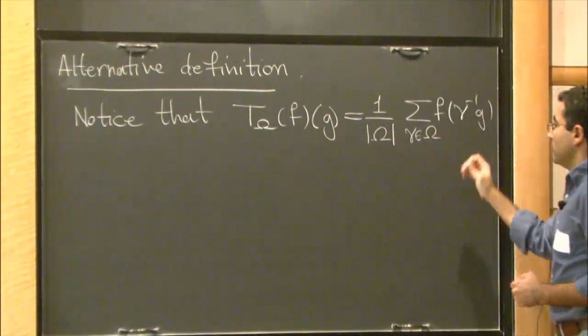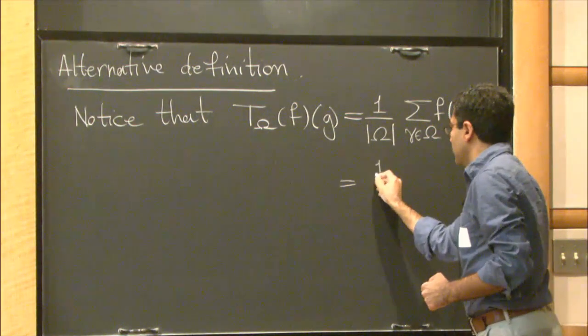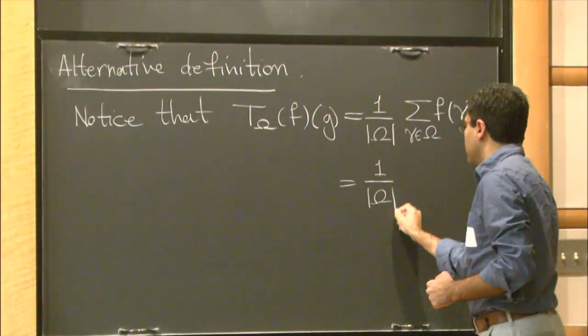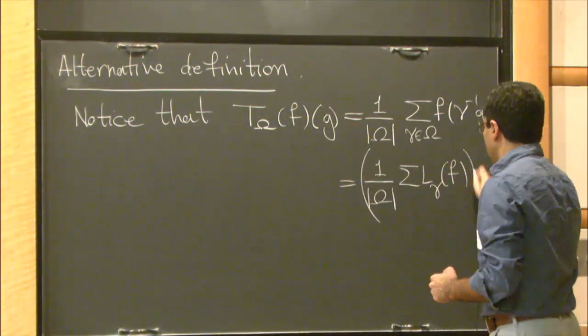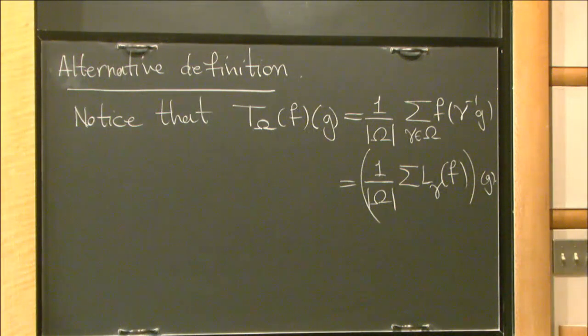So it is essentially the average of the left translates of f applied to g.